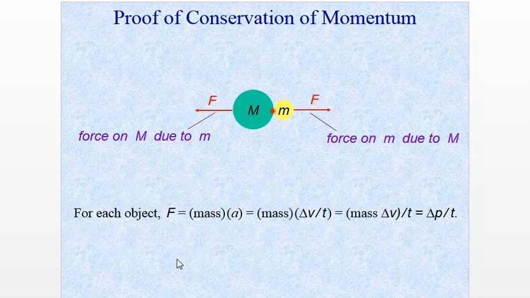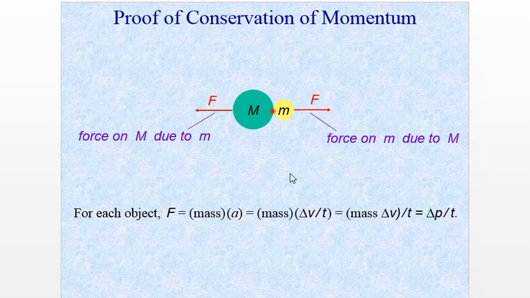For each object, F equals mass times acceleration, equal to mass times delta v over delta t, which is equal to delta p per delta t. Delta p is momentum change, t is time. Since the force applied and the contact time are the same for both masses, each undergoes the same change in momentum, but in opposite directions.